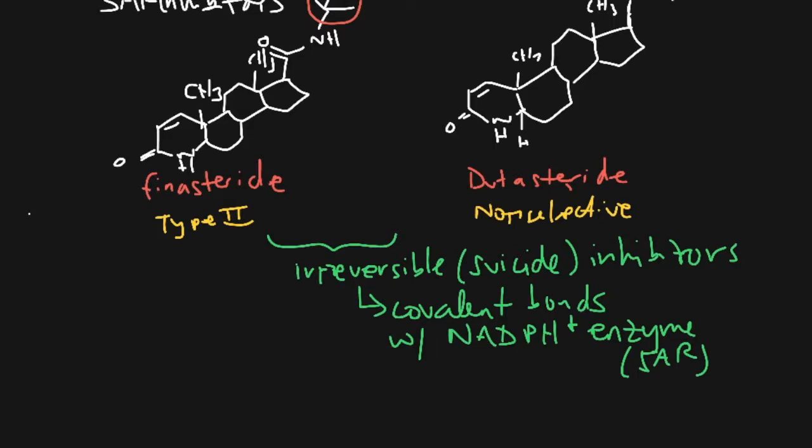If you want to look at the drawing mechanism, you can, but big point, just know that irreversible or suicide inhibitors form covalent bonds with their enzymes, specifically in this case 5-alpha reductase, and even its cofactor NADPH. So remember, covalent bonds, irreversible inhibitors.